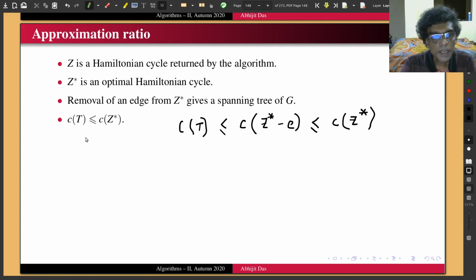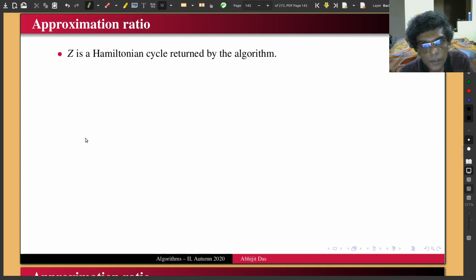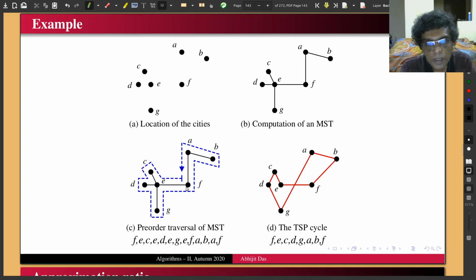An important thing about this construction is that, if you go to the construction, you see that each edge is used twice. One for going down, second time for going up.